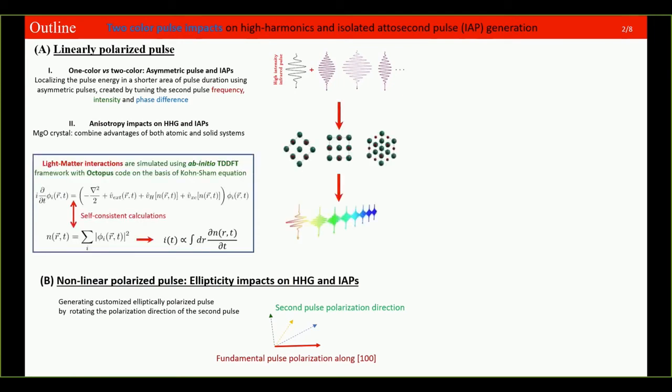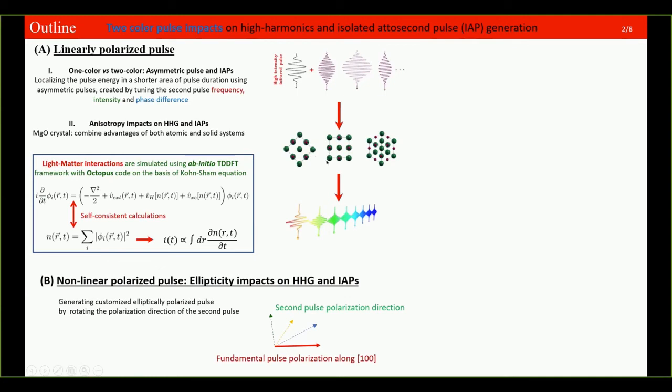Besides the pulse properties, the target system is very important. For this, we consider MgO crystal, which is a well-known system in the HHG community.